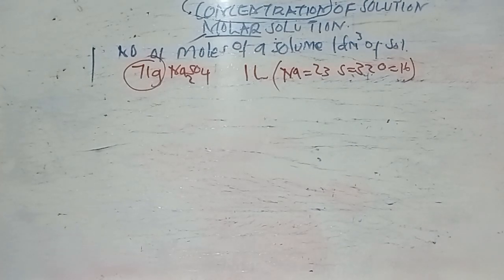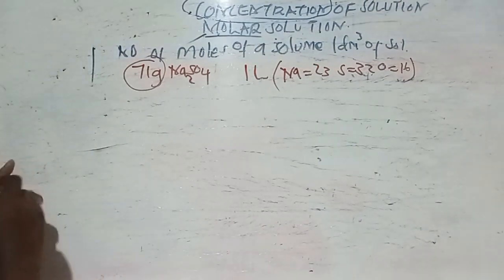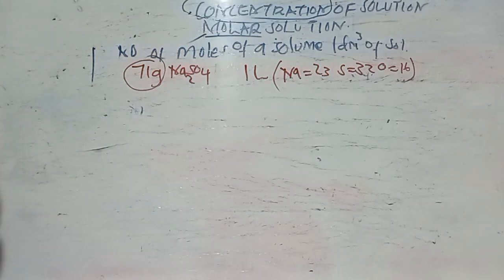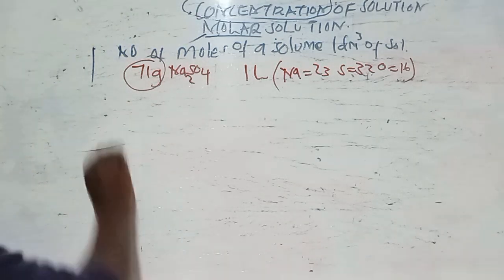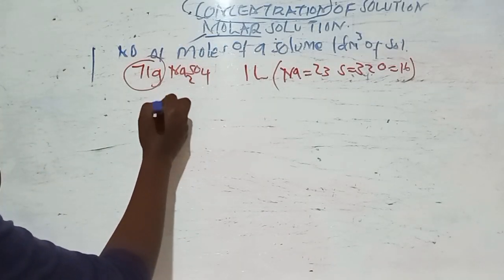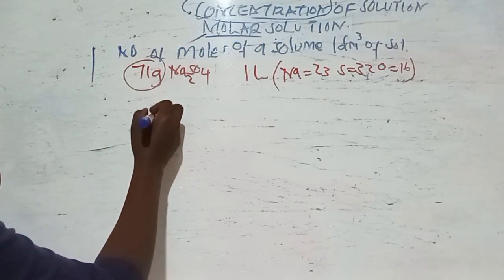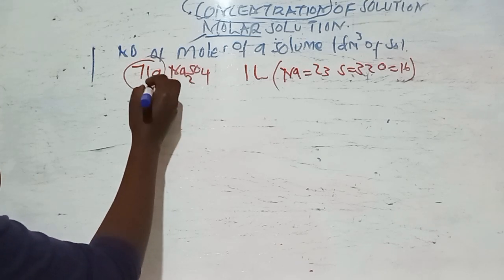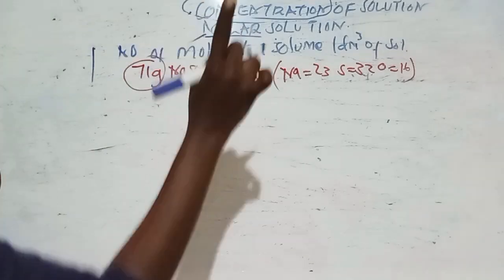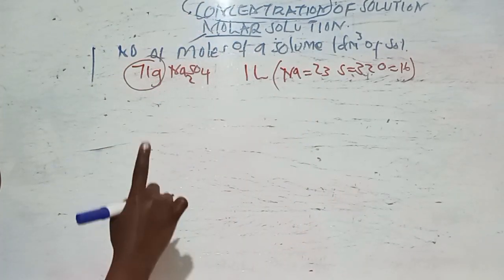So the mass of sodium sulfate is 71 grams.